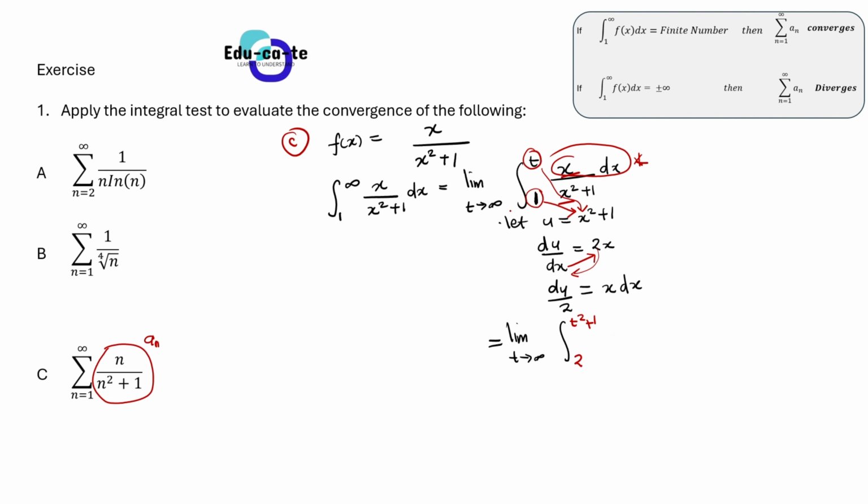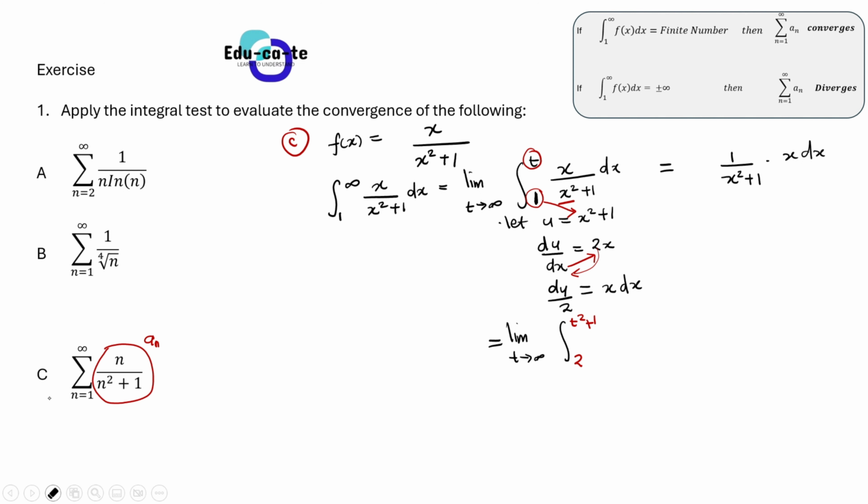And then when you change this integral, you can see that the function that we're integrating, x over x squared plus 1, I've just rearranged the terms so that you can see it more clearly.